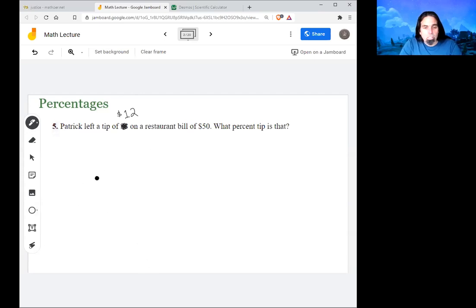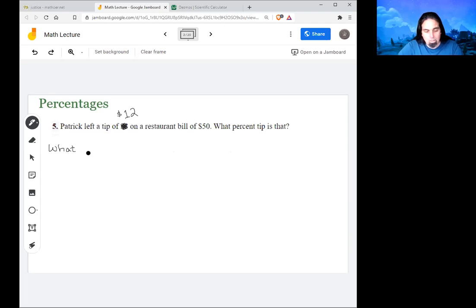So for percentages, we have 2 different ways to do this. What's the percent sentence that we are thinking of with the words what is of and percent? What is $12 of 50?